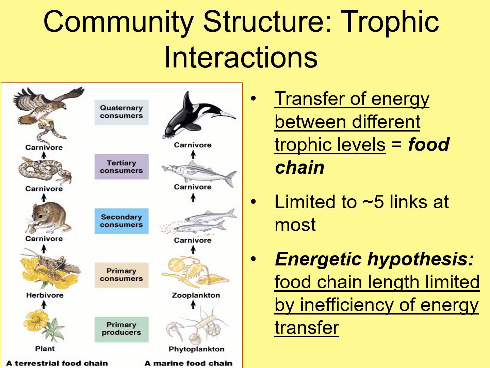Part of that, of course, is explained by the inefficiency of the process of breaking down organic material and harvesting the energy in those bonds, right? Every time you transfer energy from one form to another, you lose some as heat, right? The entropy, a residual energy loss. So that's partially responsible for it.